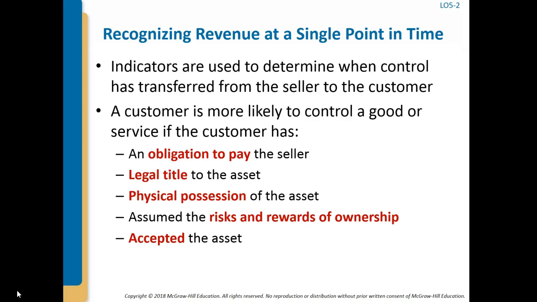The key indicators for the transfer of control are that the customer has an obligation to pay the seller, legal title to the asset, or physical possession of the asset, the customer assumes the risks and rewards of ownership and has accepted the asset. Sellers should evaluate these indicators individually and in combination to decide whether control has been transferred, and revenue then can be recognized.